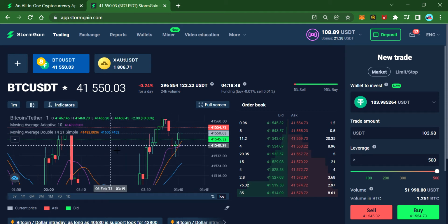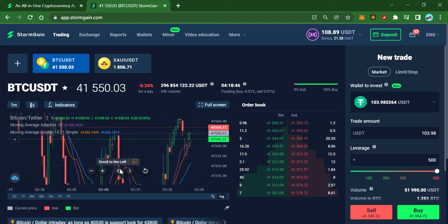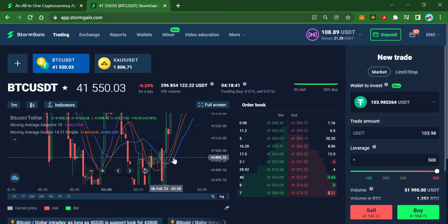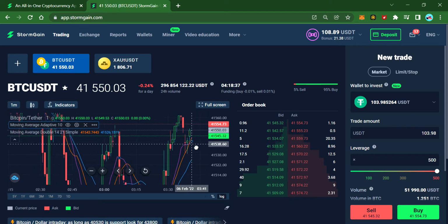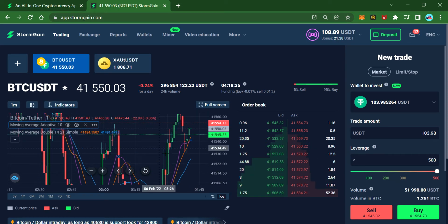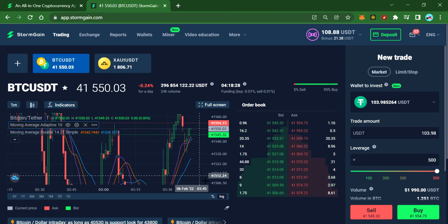Okay. And now, we take this for 1 minute, which I always do because my transactions are always closed, and this is the short-term trend. Long-term, mid-term, and short-term trend.